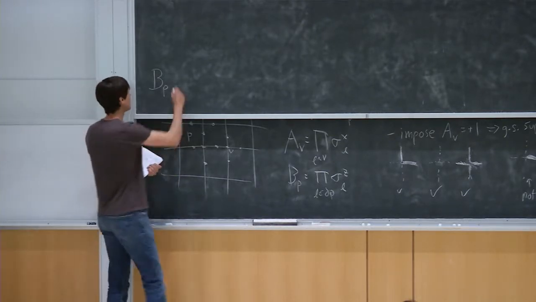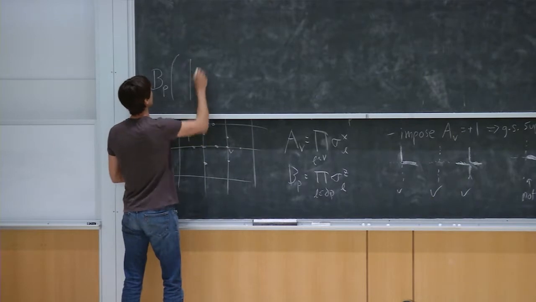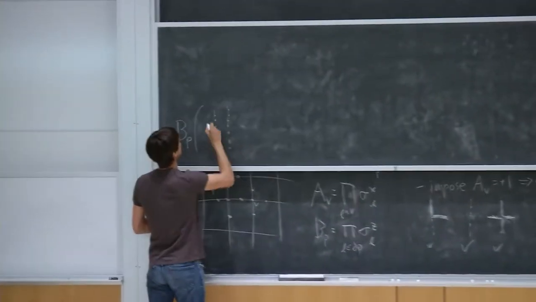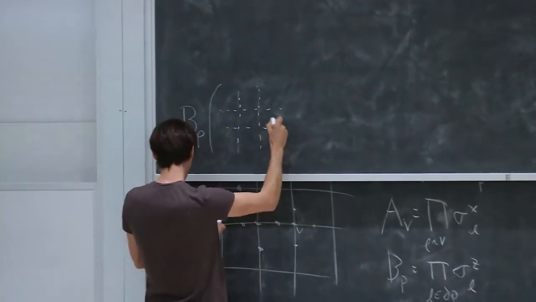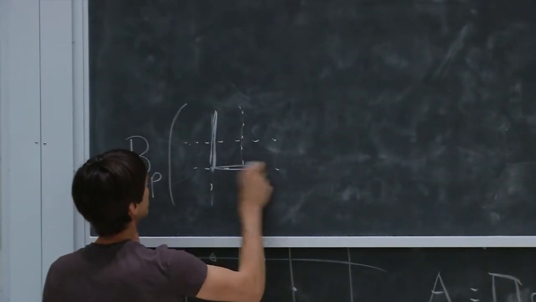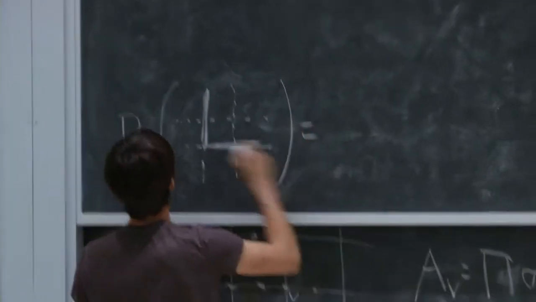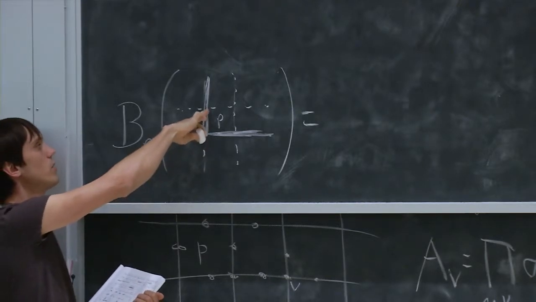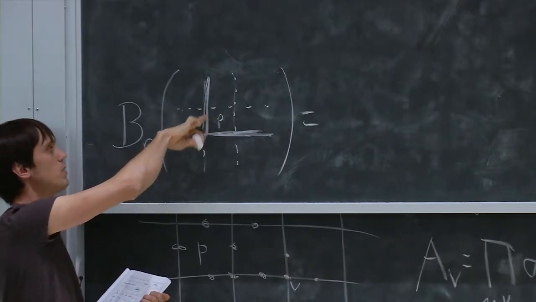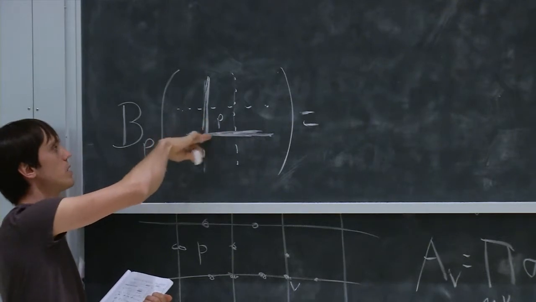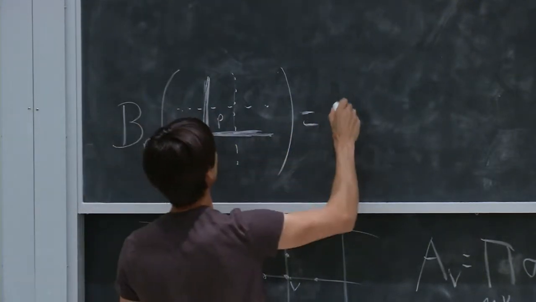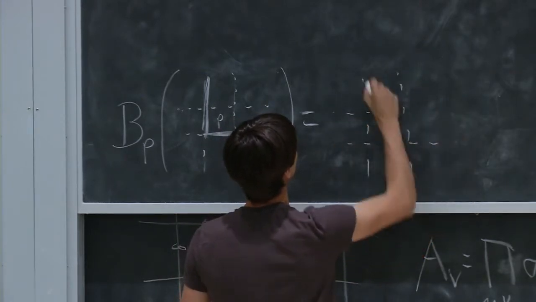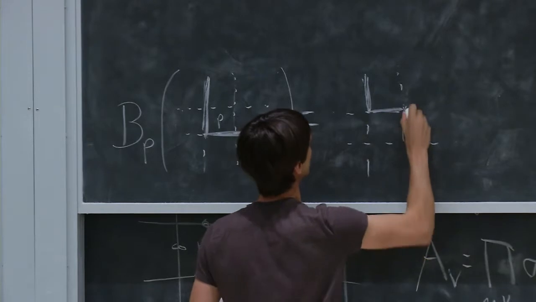In particular, if I act with B sub p on some portion of my configuration that looks like this, where these links are occupied, acting on this plaquette p is just going to flip all the links surrounding p. It's going to make these occupied states empty and occupy these states. So what I'll get is something like this.